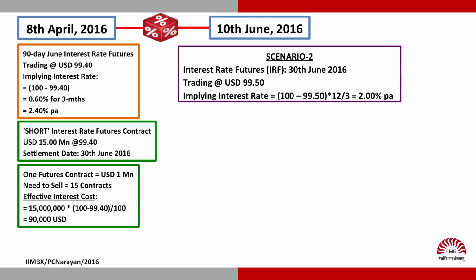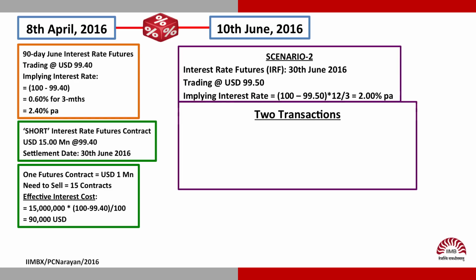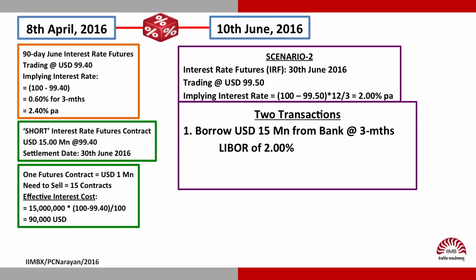The firm will undertake the same two transactions as in scenario 1 on 10th June, which is: 1. Borrow USD 15 million from the bank for a period of 3 months at the prevailing rate of 2%, and 2.